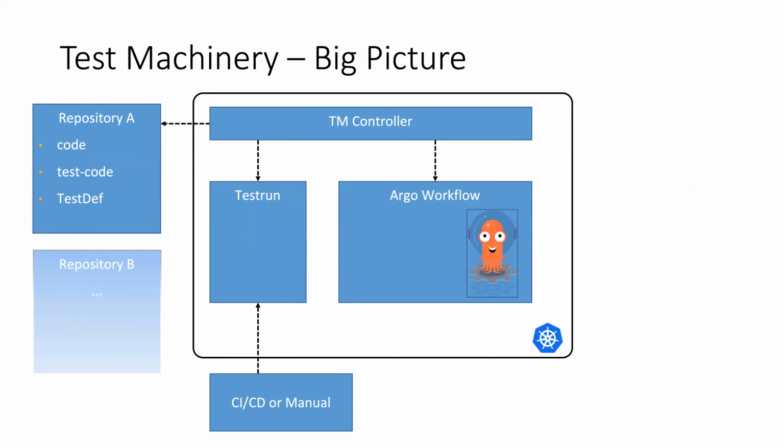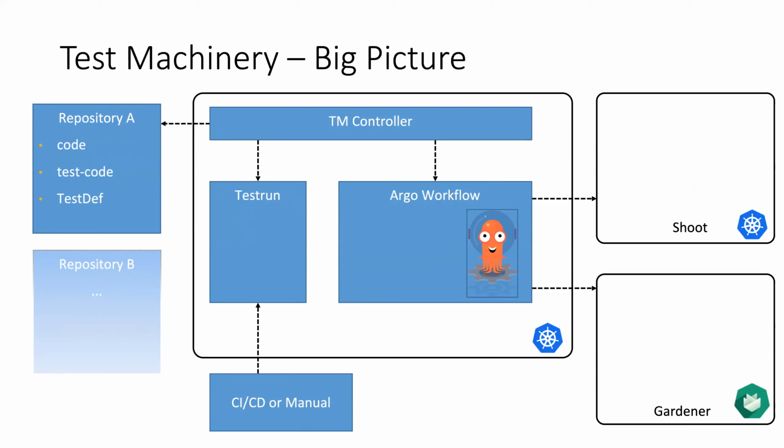We do not want to write our own pipelining engine or workflow engine, so we want to reuse open source things that do that well. The only thing that the test machinery controller does is abstract this Argo workflow: it parses the test run and generates an Argo workflow. And then Argo itself executes the tests on our behalf.